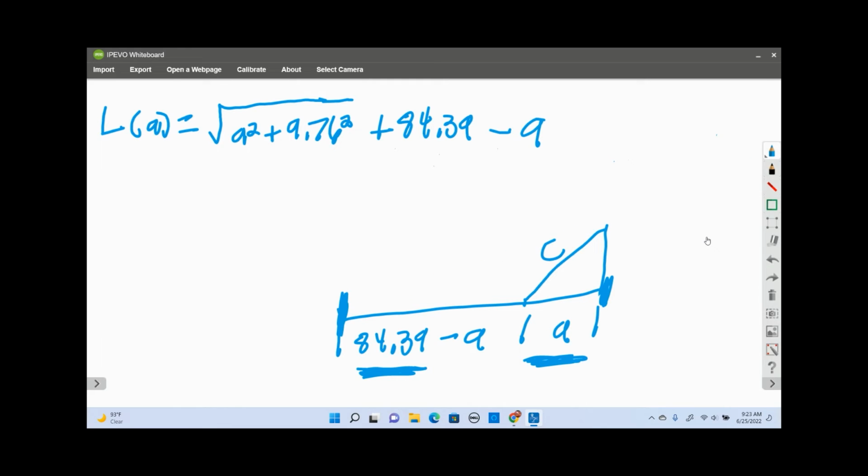And of course, the smallest A could be would be 0. If A is 0, then that's basically the person just shooting down right here, coming from lane 8, going straight, cutting right in immediately, and then running the rest. Now that doesn't seem like the best thing to do from a running capacity, because just imagine you're running straight and then all of a sudden you cut straight in and then run back.